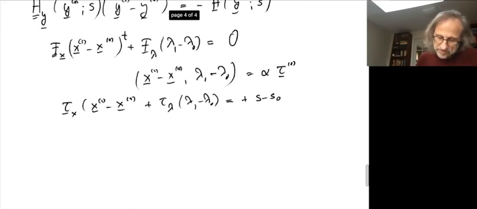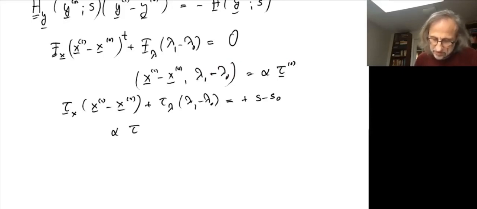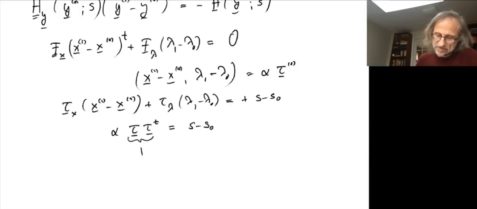Or in other words, since x1 minus x0 and lambda 1 minus lambda 0 is actually alpha tau, the left-hand side is simply alpha times tau, tau transpose equals s minus s0. So this is 1 by normalization. And so we see this number alpha is equal to s minus s0.